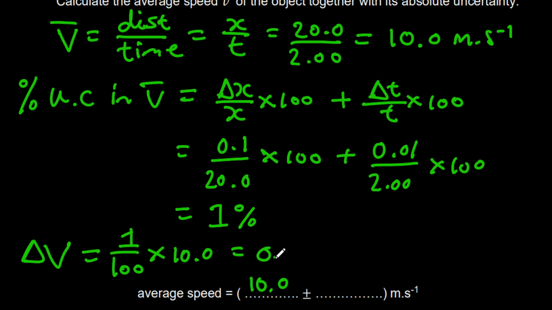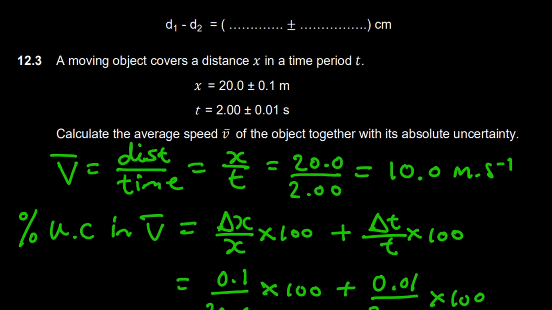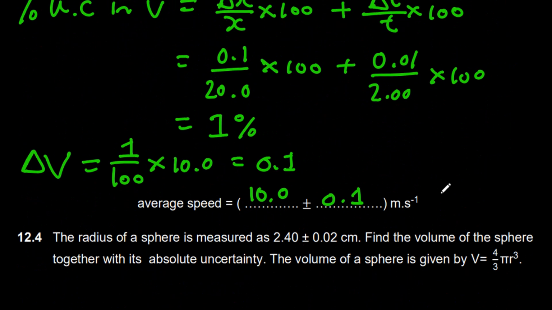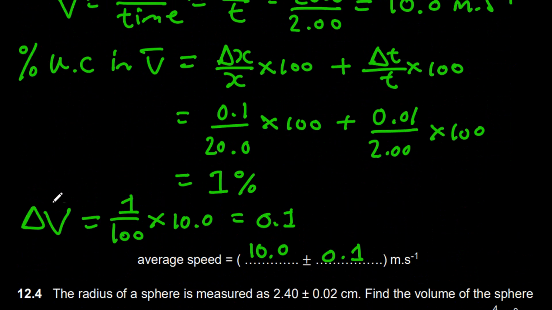And this is 0.1. Once again, the absolute uncertainties given in the question had one significant figure. So our answer must also have one significant figure. And this, of course, should be V bar.